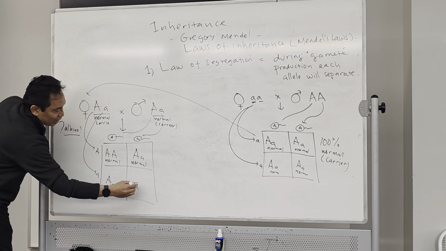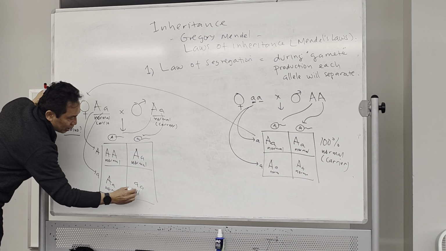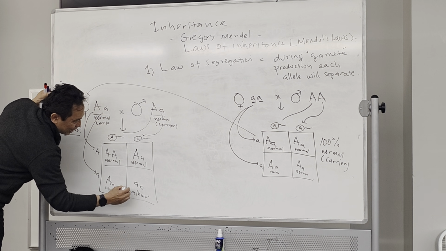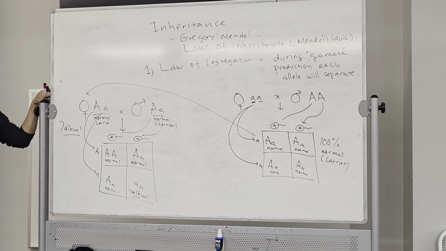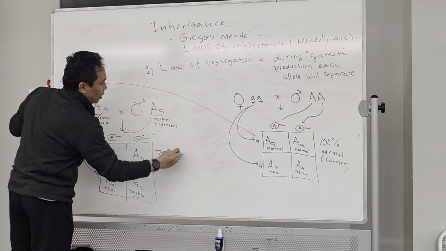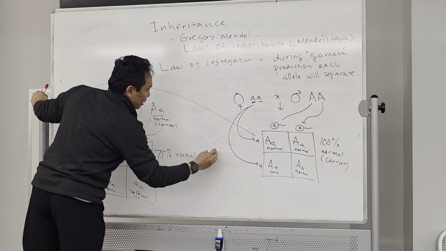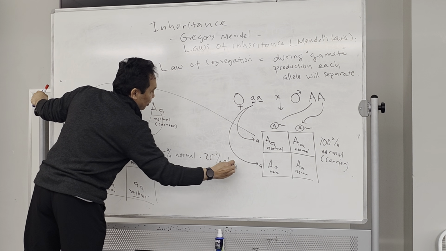And the last one is the combination of the recessive alleles, homozygous recessive. This is going to be the albino one. So how many percent albino? It's going to be 25%. So the result will be 75% normal, and 25% albino.